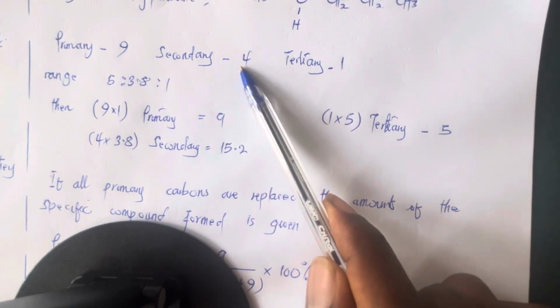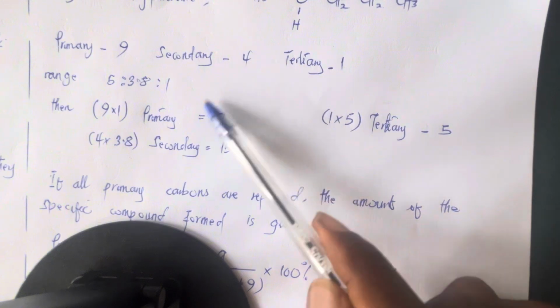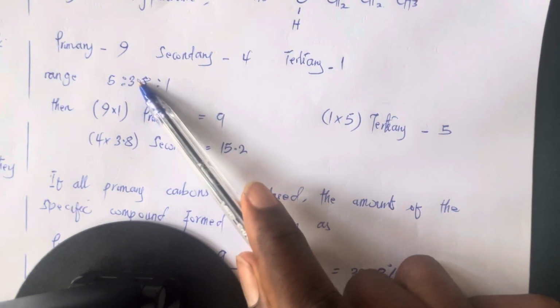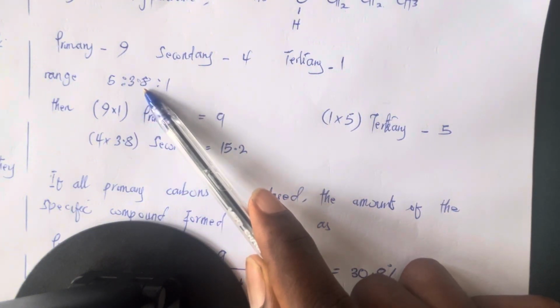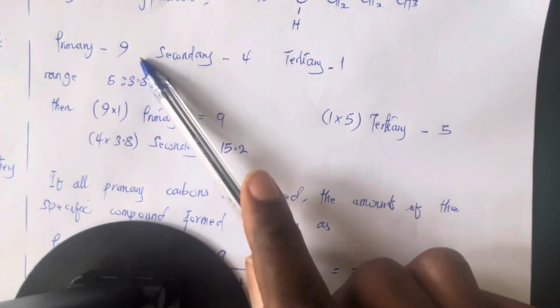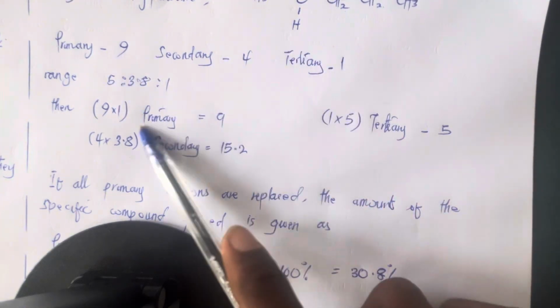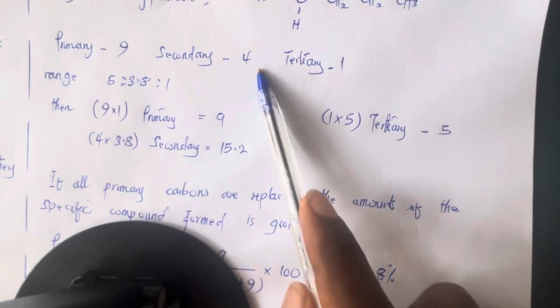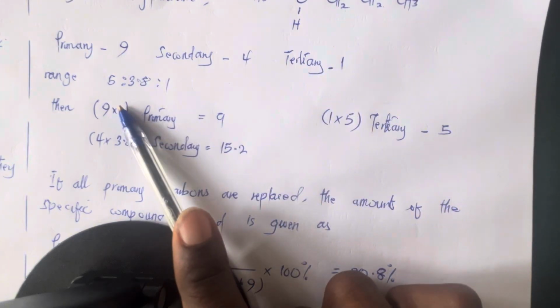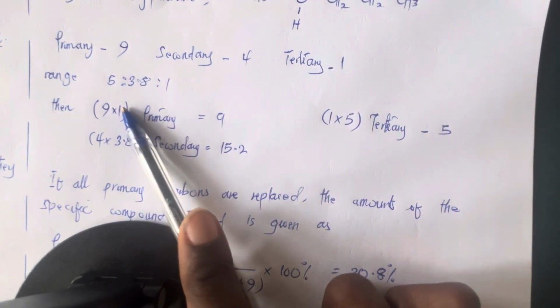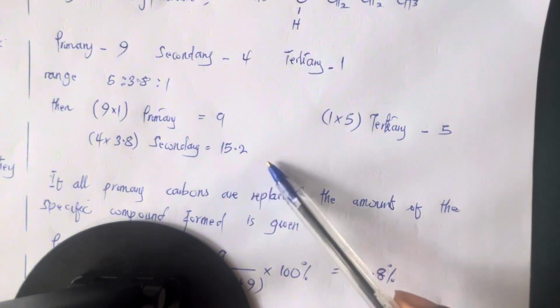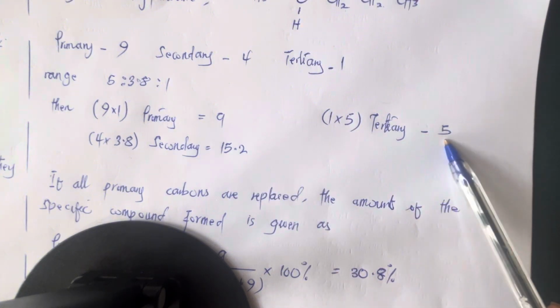There are 4 secondary hydrogens, so the number of secondary hydrogens times its rate, which is 3.8. Then the tertiary, which has a corresponding rate of 5, is 1 times 5. You see how it is. So now we are having 9, 15.2, and 5.